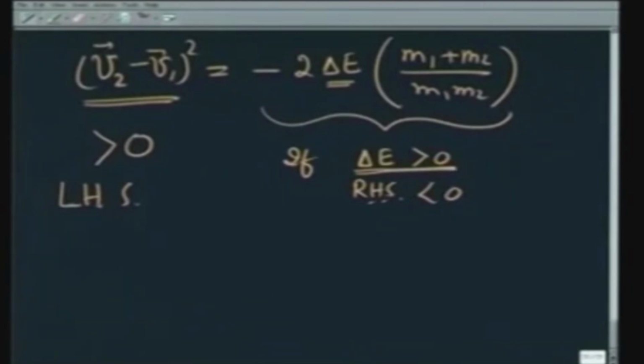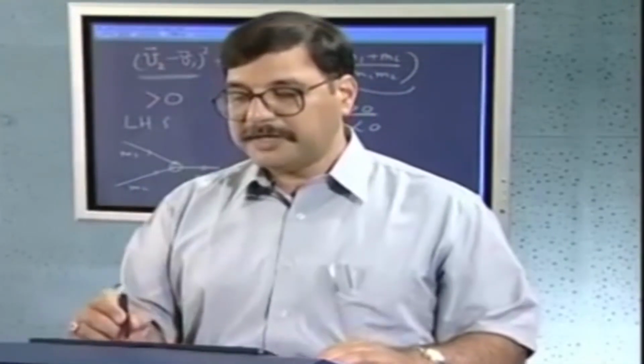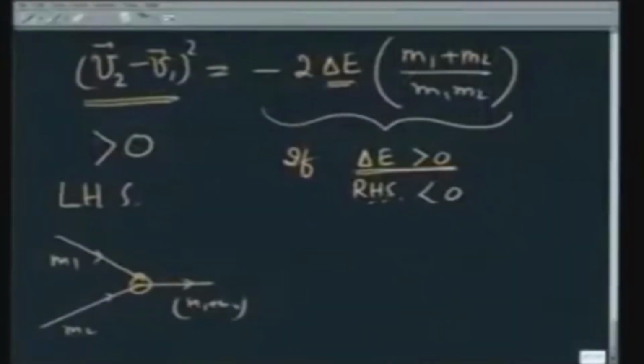What does this mean? Recall again, what are we doing? Two particles coming in, interacting and going out as one particle, m1, m2, m1 plus m2. If during the interaction some energy is released, that means delta E is greater than 0, I can never satisfy this equation and this interaction will never take place.